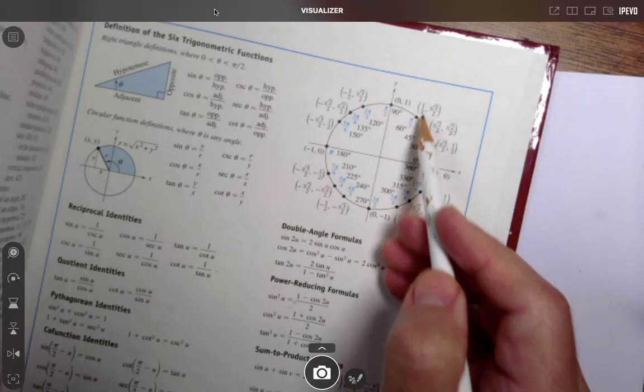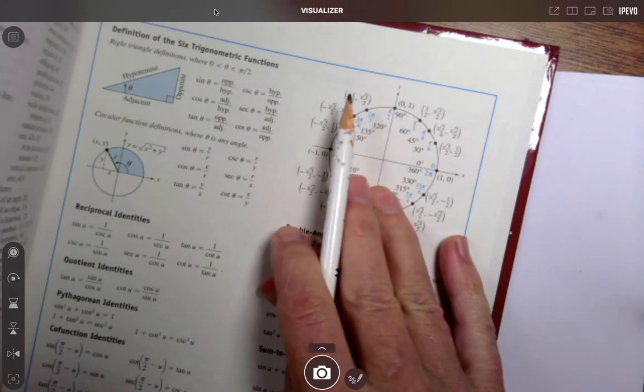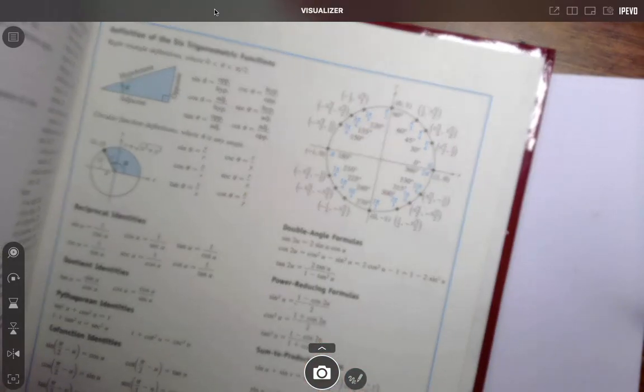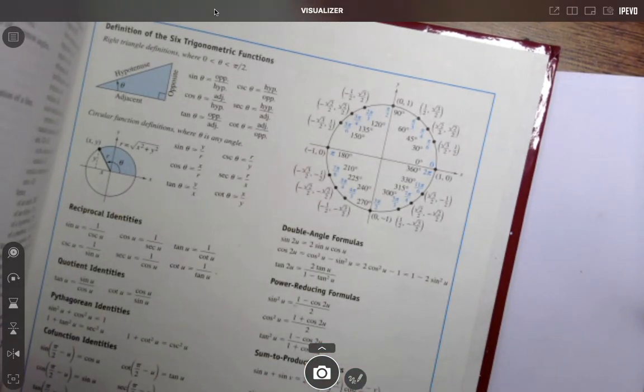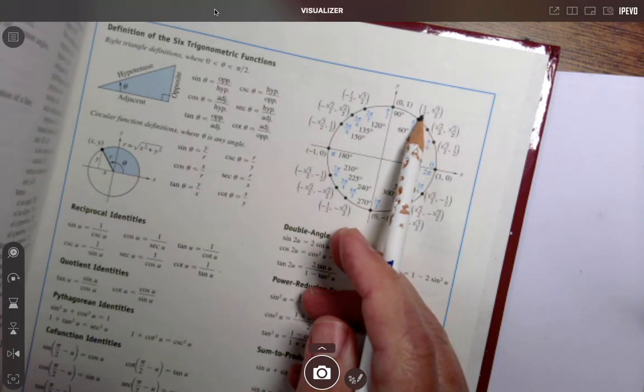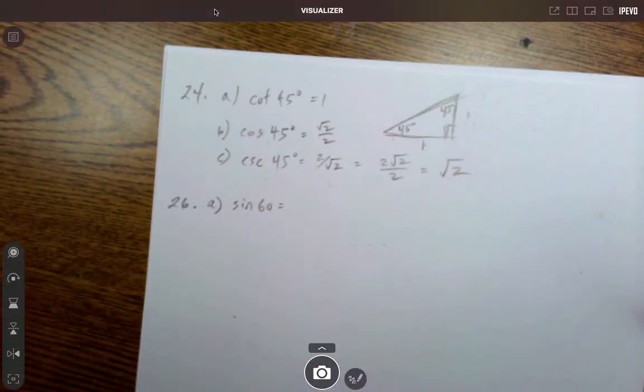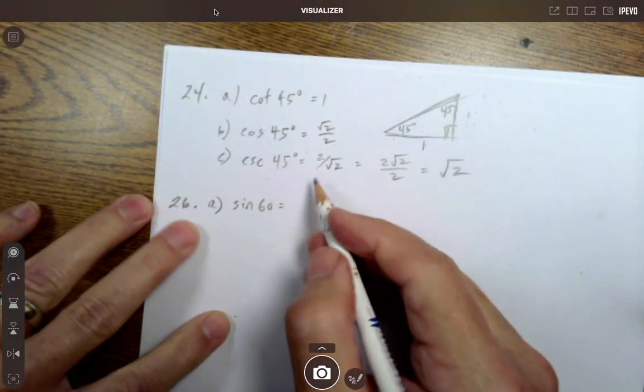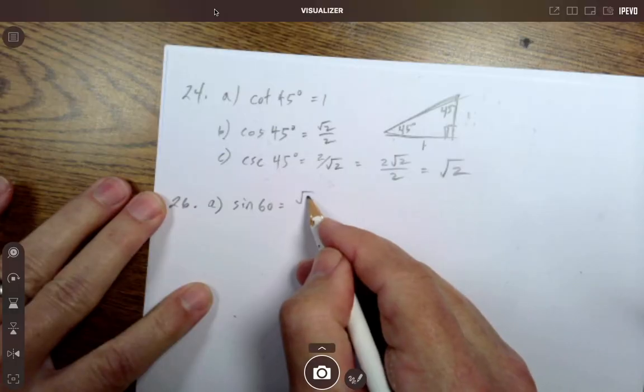And cosine is going to be the 1/2 right there. I don't know if you can see that. Let's see if I can zoom in. All right, so that's square root of 3 over 2 for sine, 1/2 for cosine, right? So this is square root of 3 over 2.